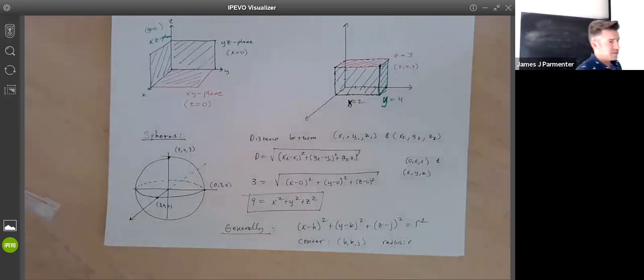So when you see x squared plus y squared plus z squared equals something, that usually means you have a sphere. Or if you see x minus something squared plus y minus something squared plus z minus something squared equal to a number, you have a sphere.